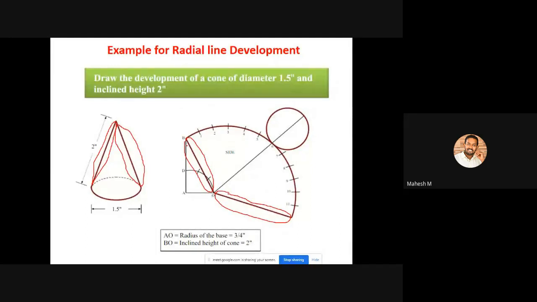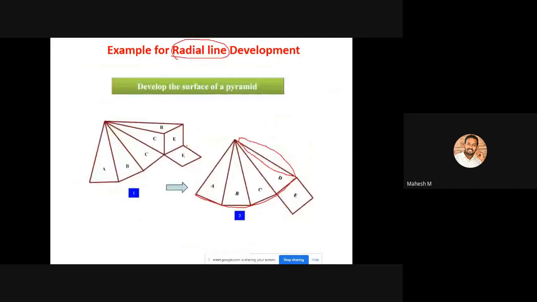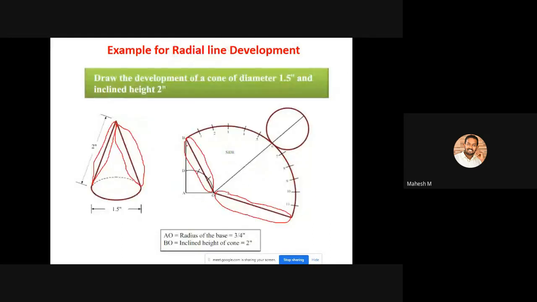Okay, so the procedure for creating this arc depends upon the length, that is, the circumference of the particular solid. So the arc radius depends upon the circumference of the particular solid.